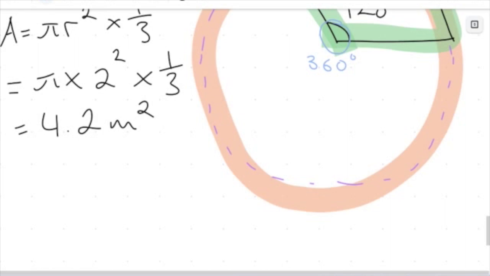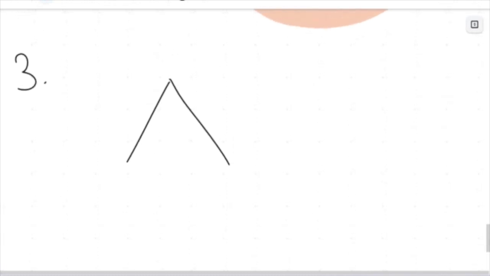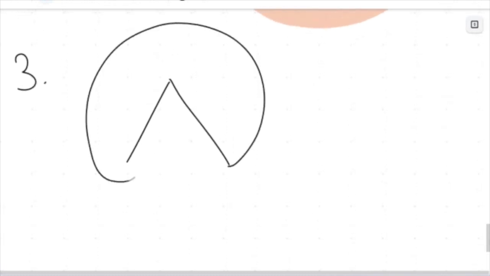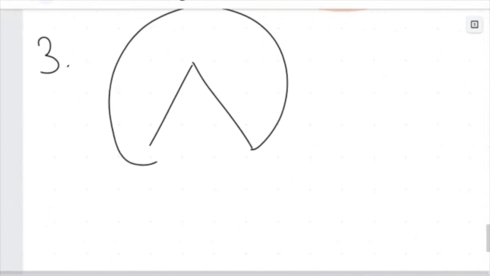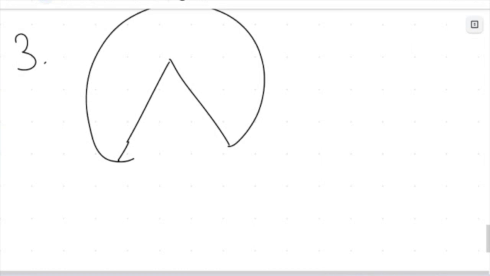Cool. Okay, let's just do one more question and then we'll come up with a general rule for finding the area of my sector, something that we can apply to any sector. But I just want to do one more example, and this one's going to be slightly different. Okay, that's really badly drawn, but just bear with me.